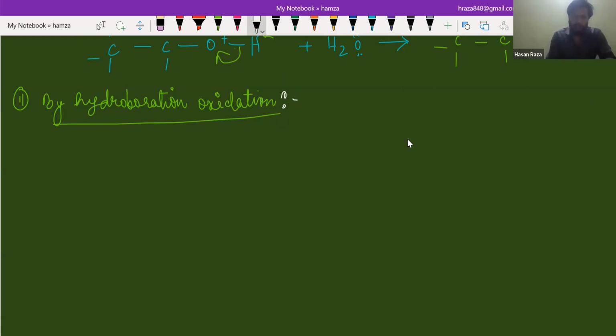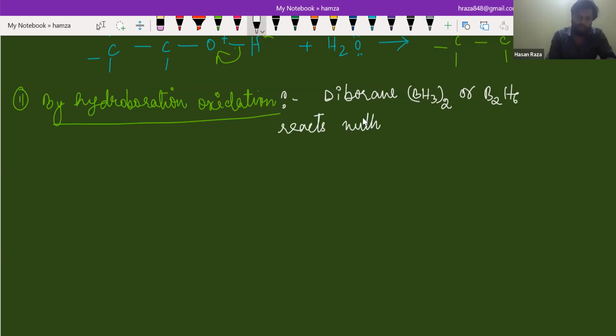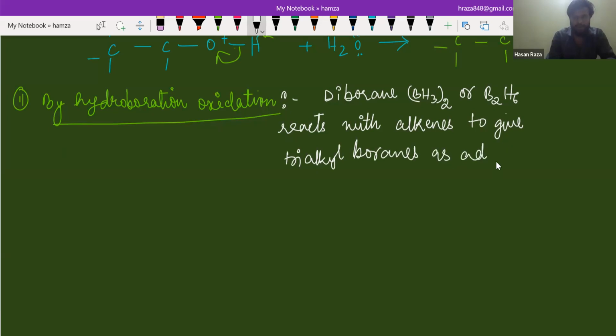So basically there is diborane, that is BH3 whole twice, that means B2H6, which reacts with alkenes to give trialkyl boranes. This is the addition product.